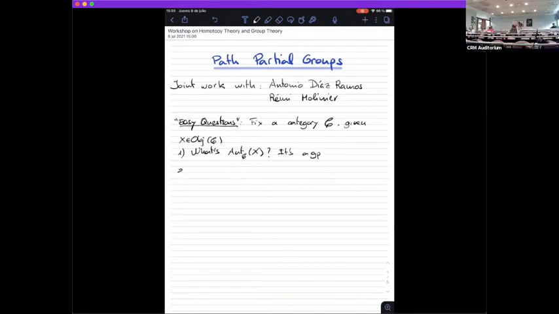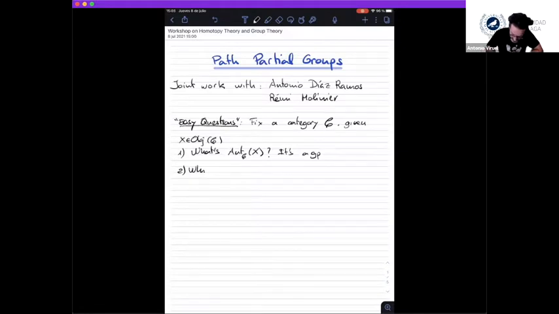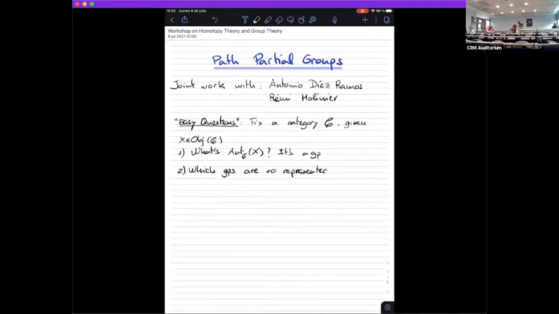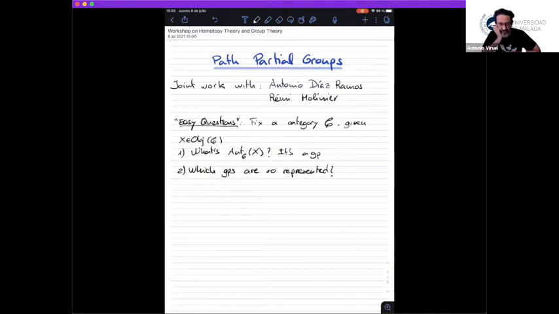The second, not so trivial, question is: which groups are so represented? That is a tricky one, because we have fixed the category C. Although most of us know how to represent groups as the full group of automorphisms of some object, the question is whether you can do it for all groups in just one fixed category.